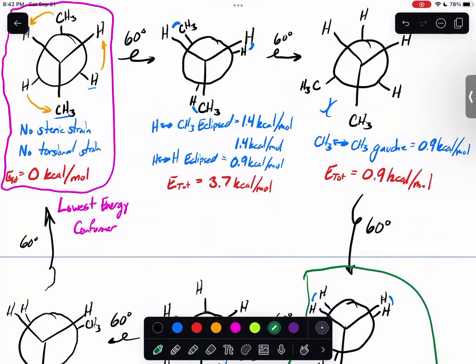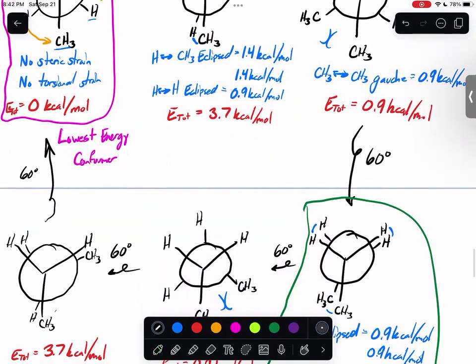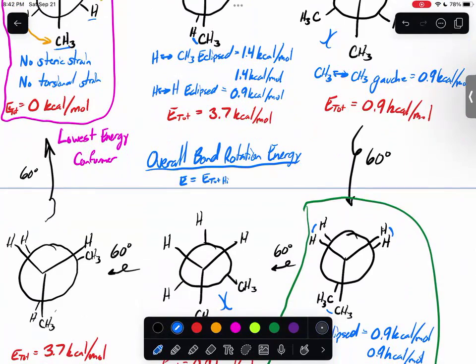And with that being said, the overall bond rotation energy is very simple. The energy is equal to the total energy of the highest minus the total energy of the lowest.